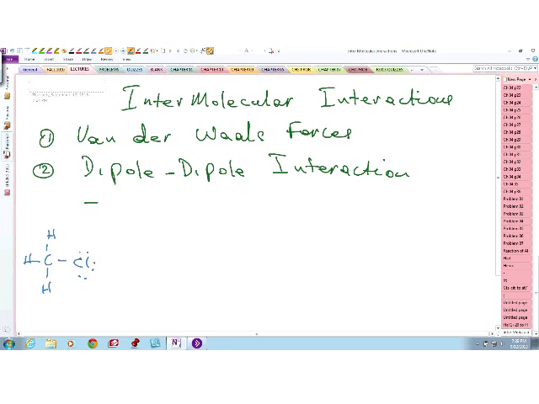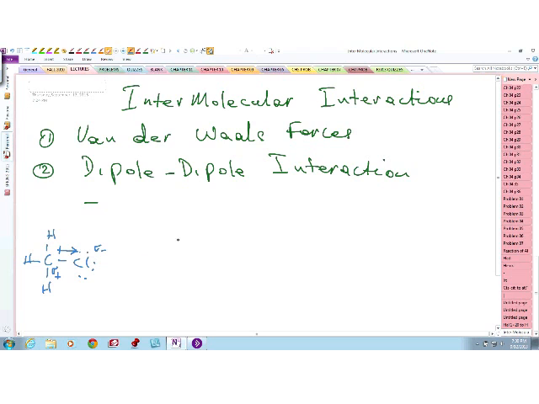What would be the direction of polarity? Towards chlorine, because chlorine has a greater electronegativity than carbon. So this is the direction of polarity. We say this carbon has a partial positive charge, and this chlorine has a partial negative charge.